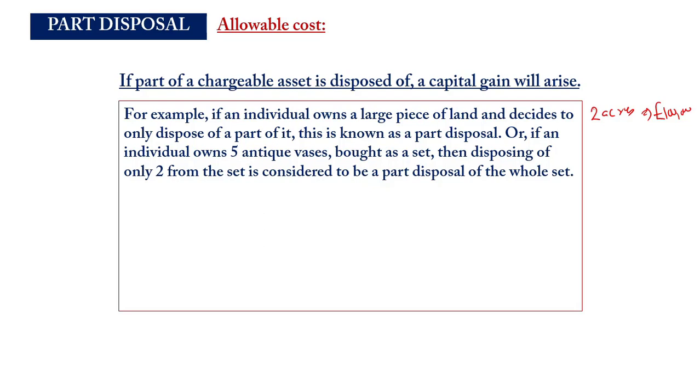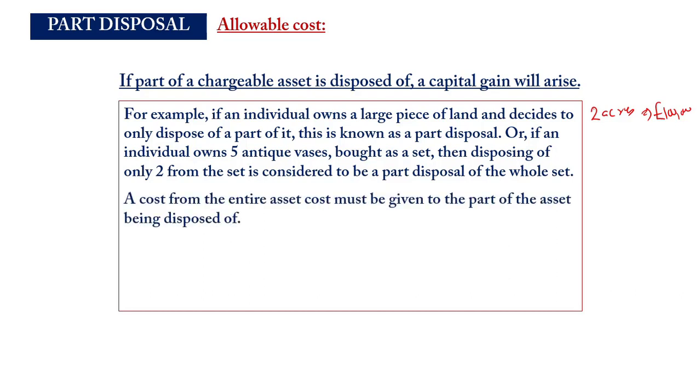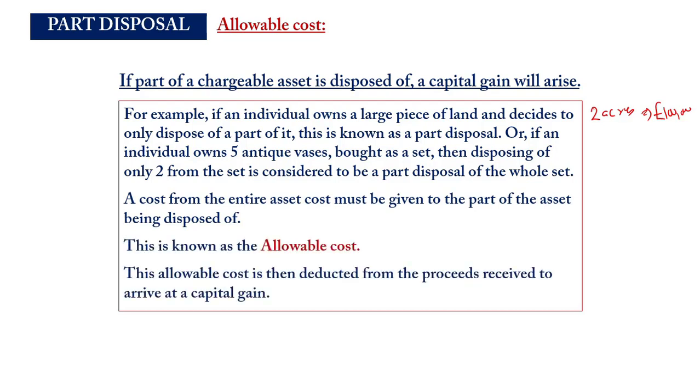So it comes in a box and you paid one cost for it, let's say £10,000. They are now selling 2. The 2 must be given a cost. That is what we call the allowable cost in order for you to arrive at the taxable gain. So the cost for the entire asset must be apportioned to the part sold. That is what we call the allowable cost.